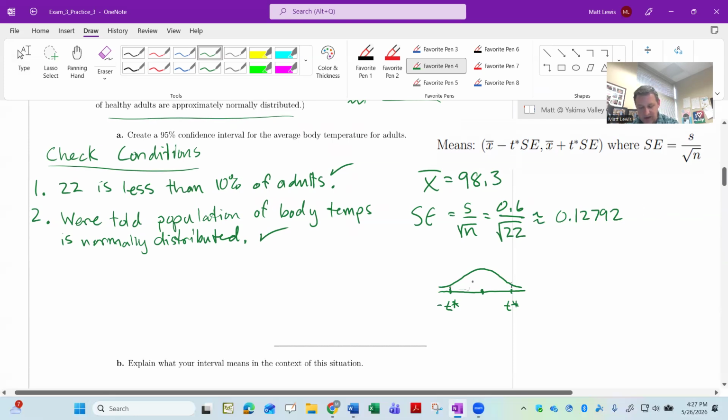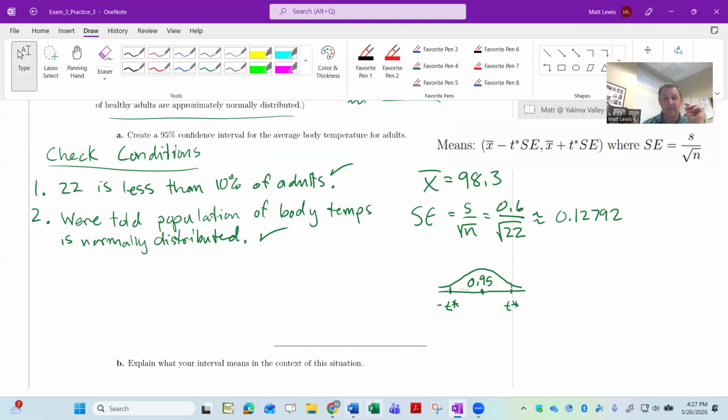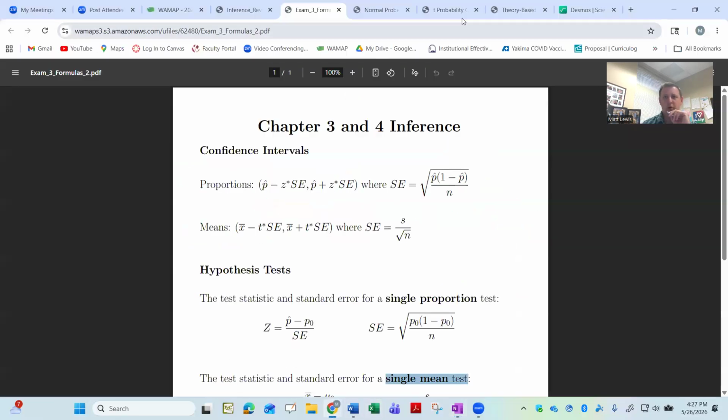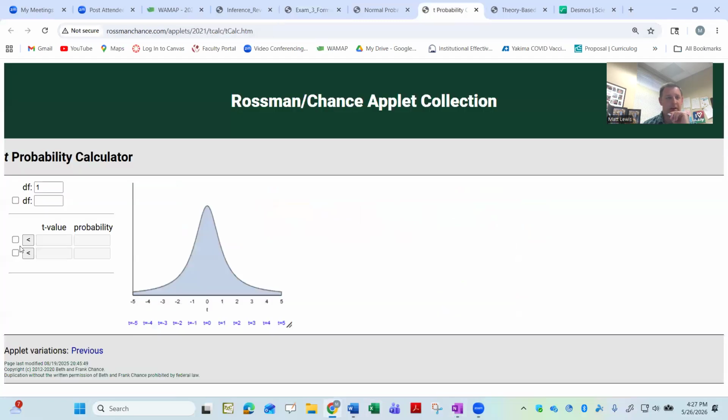Since we're doing a 95% confidence interval, that means we want 95 in the middle. All right. So this is a job for our T distribution, right? So we'll go to our T probability calculator. But remember, the T probability calculator only allows you to shade one side or the other, correct? Also, our T probability calculator needs degrees of freedom.